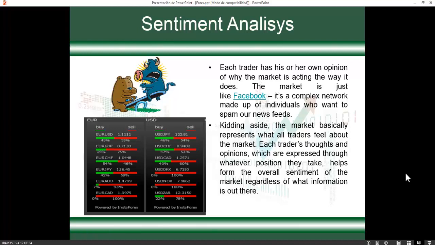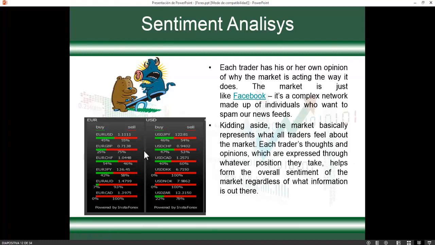And this is one of the reasons why we do what we do in our forum, because it's a very good way to capture sentiment from other traders that do exactly the same that you do, and we all feel that something is coming on, something is too expensive, something is too cheap, and we all trade with regard to that. So yes, it says there, kidding aside, the market basically represents what all traders feel about the market. Each trader's thoughts and opinions are expressed through whatever position they take, whether they sell or buy.